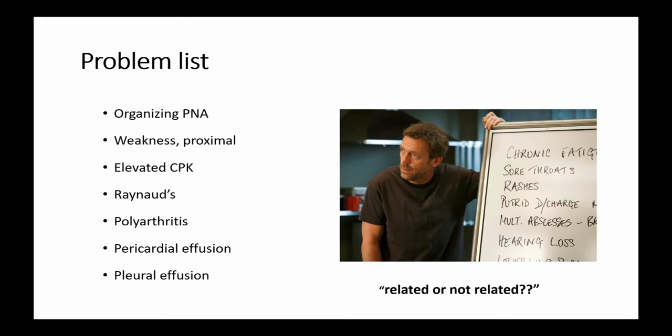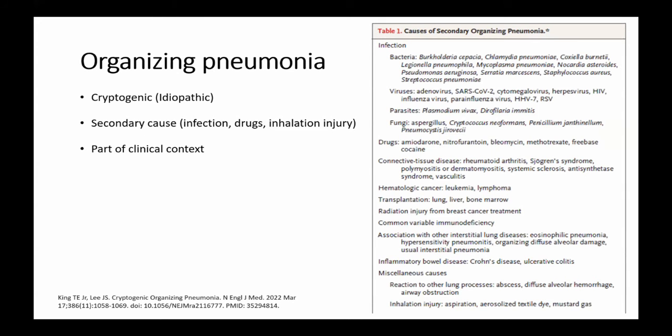Maybe not all, but most of these are related to each other on the problem list. So I'm going to go through each one of these on the problem list. We're going to go through a differential or schema for each one. And as we go through, I want you guys to see if there are any recurring themes, and that'll help us form our differential.